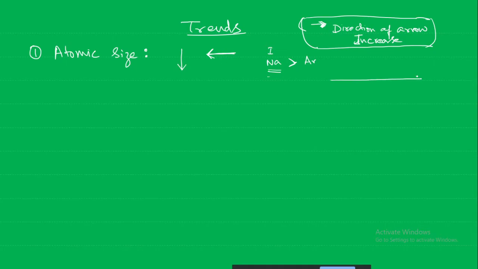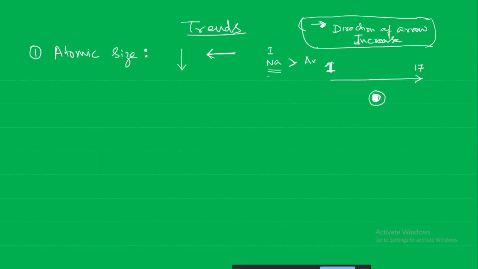So when we are going from group 1 to group 17, is the number of shells increasing or decreasing? It will remain the same. So the number of shells is the same, only the number of protons and electrons will increase.